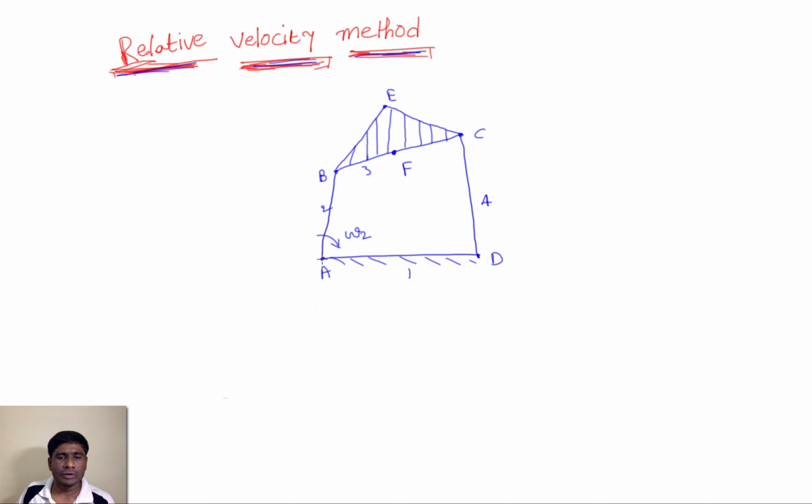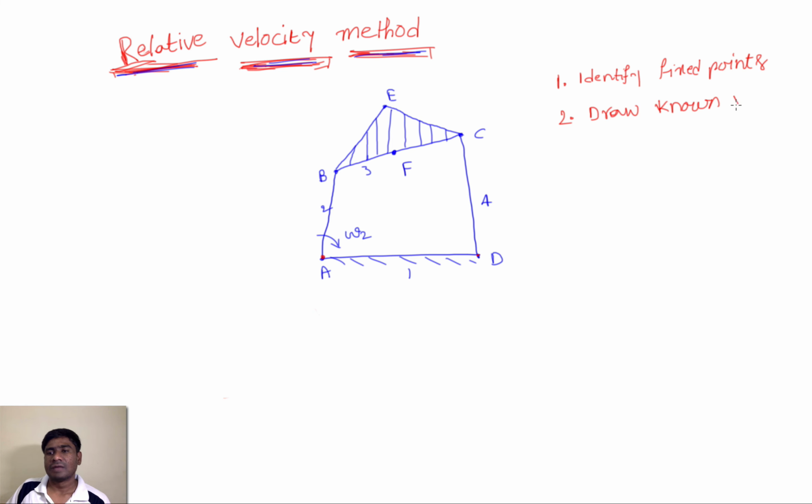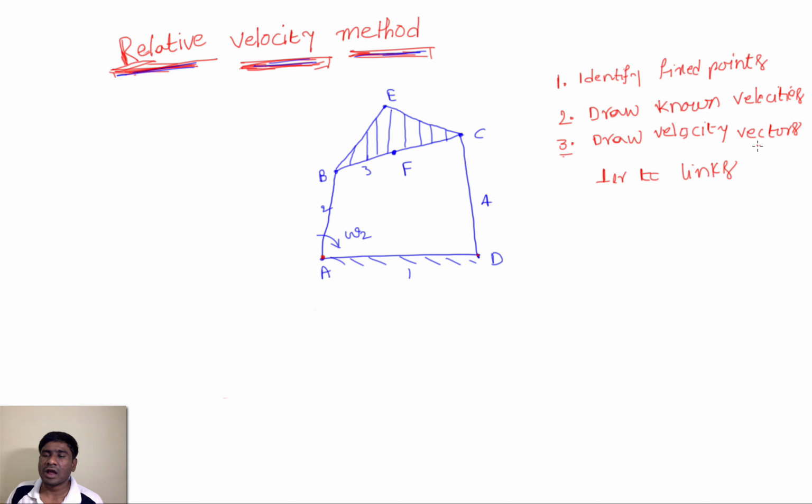Whenever we get a mechanism like this, the first step is to identify fixed points, the second step is to draw known velocities, and the third step is to draw velocity vectors which are unknown, but whose directions we know.